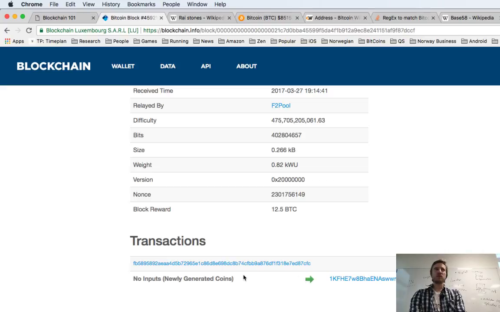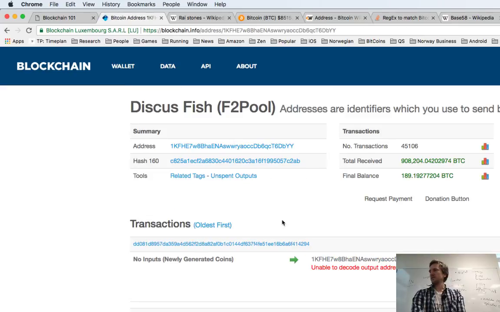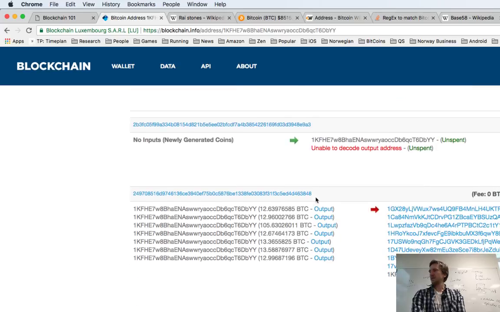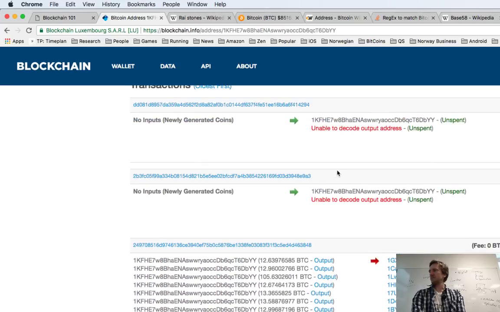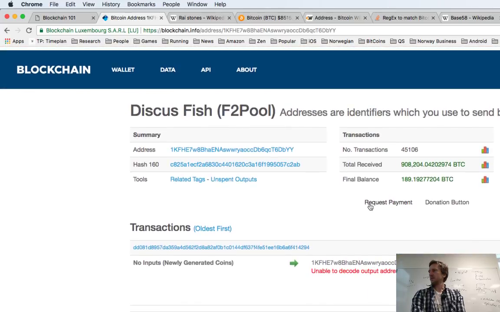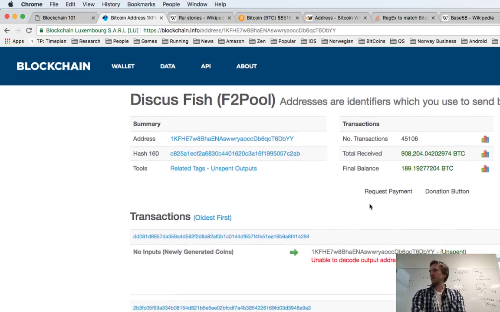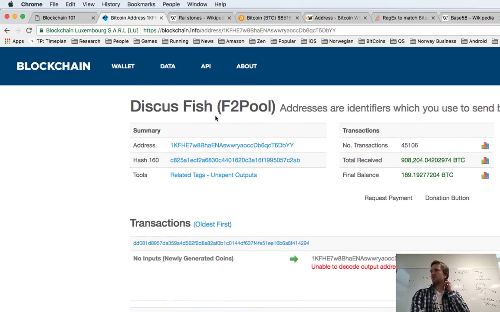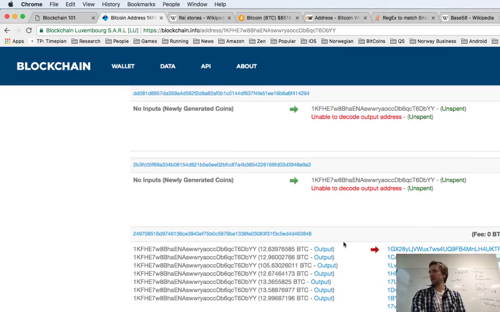There is no input because the reward is a special transaction which generates money out of thin air. There is nothing really attached to it, and then you can check, if any, how this has been spent, right? You see that this transaction belonged to the F2 pool, which is a mining pool, and it has been spent.